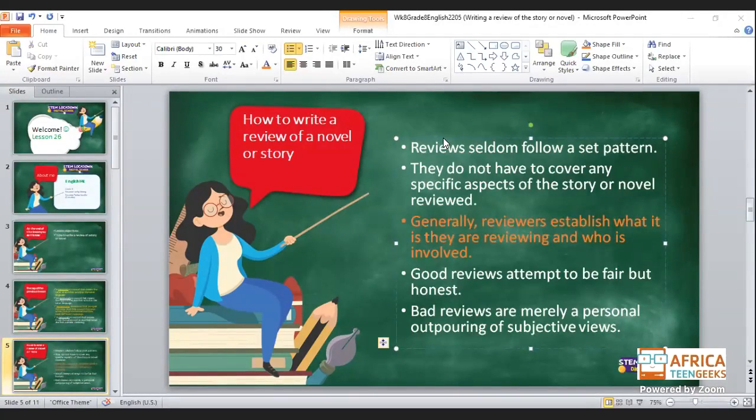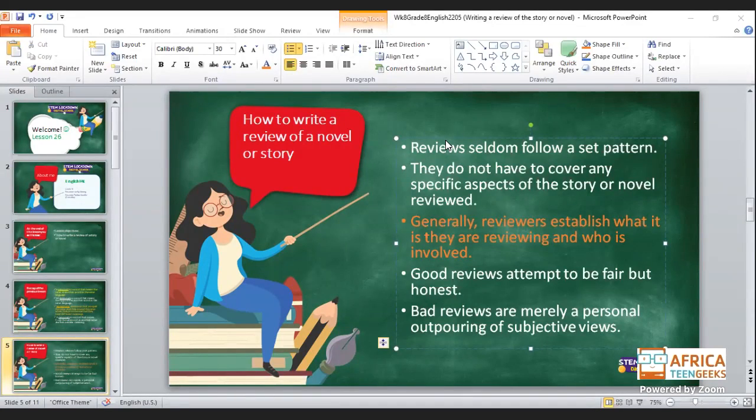So in this lesson, we want to review a story or a novel, right? So okay, once we establish that we want to review a novel, then we have established that we want to review a novel.